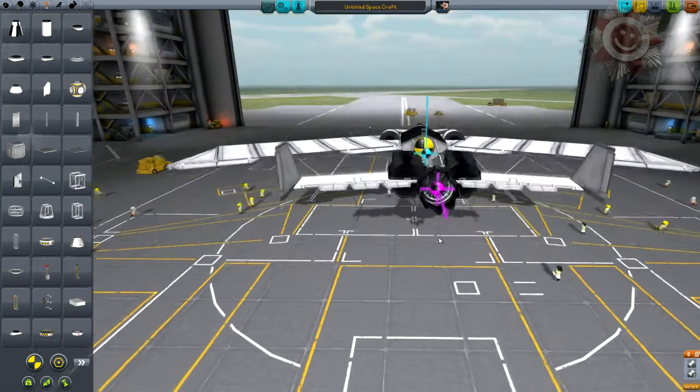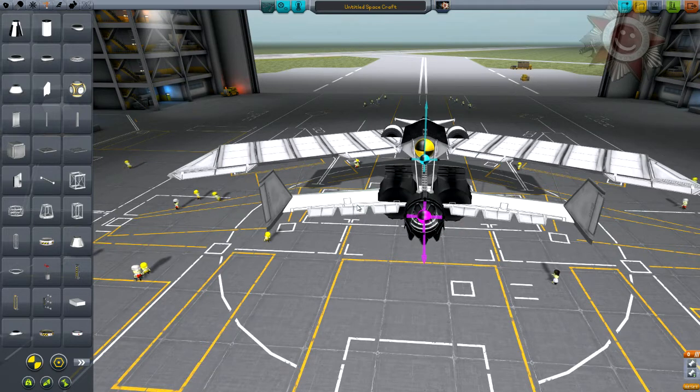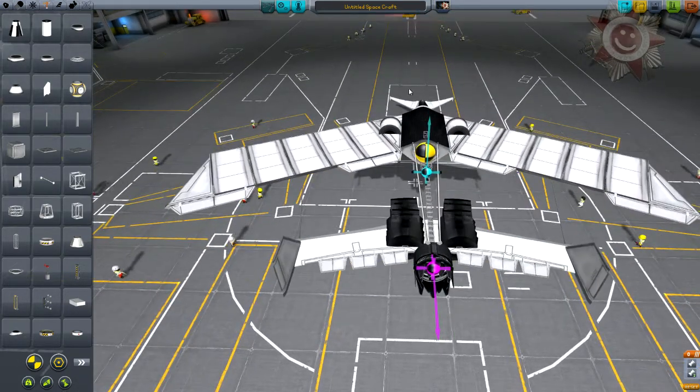This is what happens, for example, when we have two jet engines in the back and we run out of intake air, and one of the engines flames out, the other will still be running, and so the center of thrust will move to the running engine, and that will spin the plane.